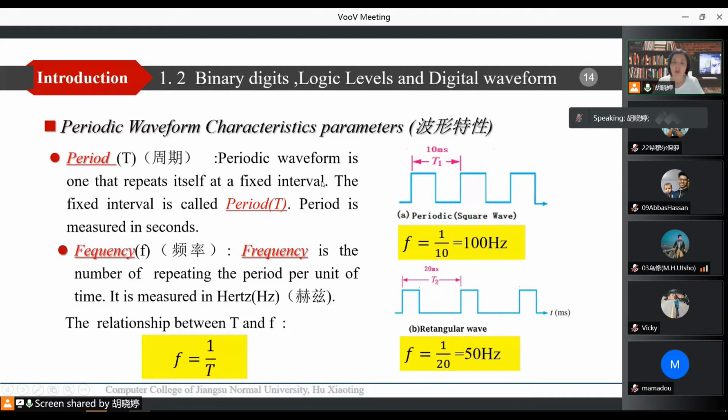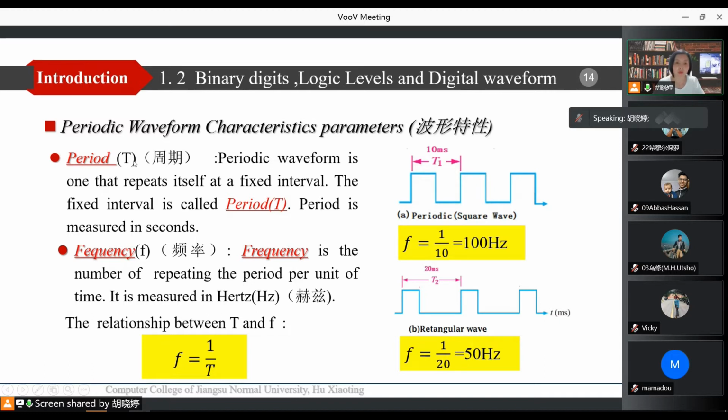If you find a waveform which repeats at a fixed interval, that means this waveform is a periodic waveform. For a periodic waveform, we need to grasp three characteristic parameters.